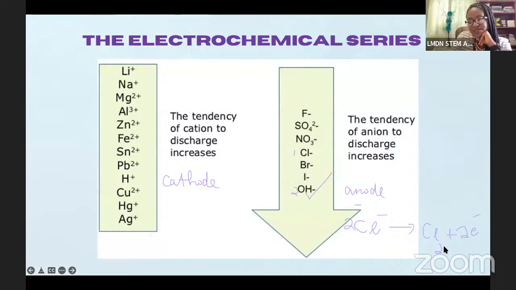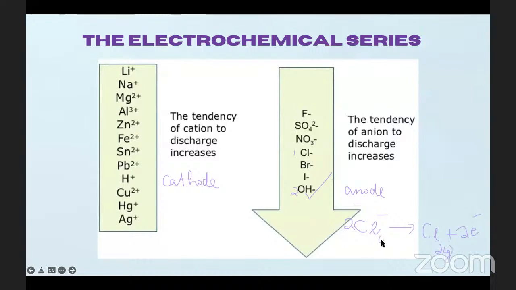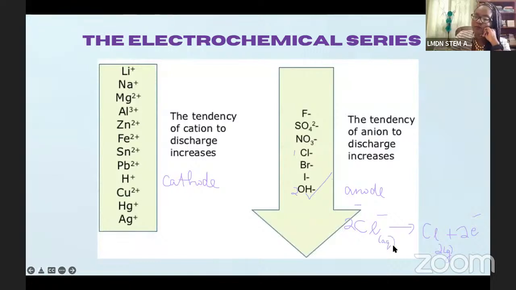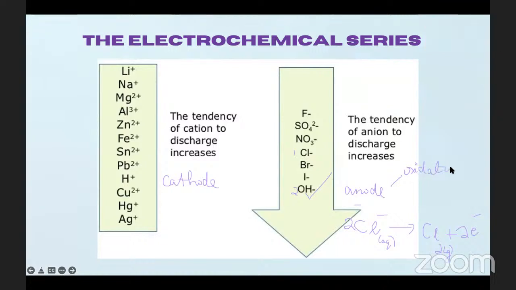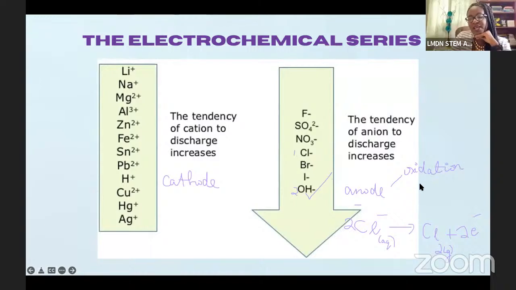And then the state of this is what? Gas? And what's the state of this? Aqueous. Okay, all right. So you're saying that this is an oxidation process. Is that what you said? Yes, miss.